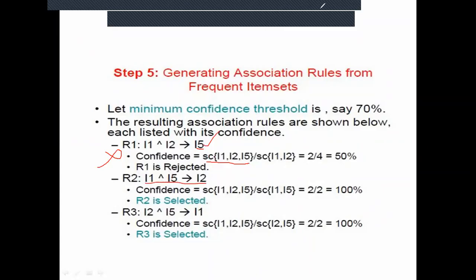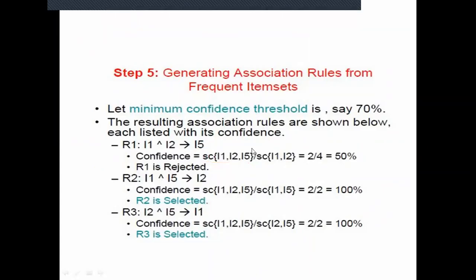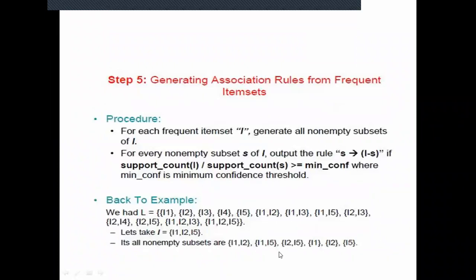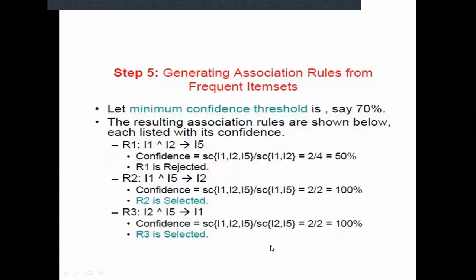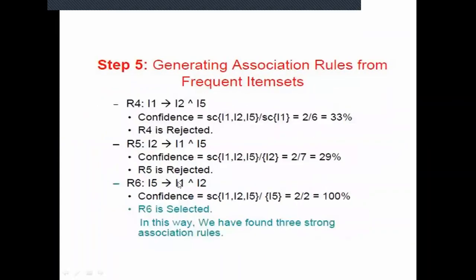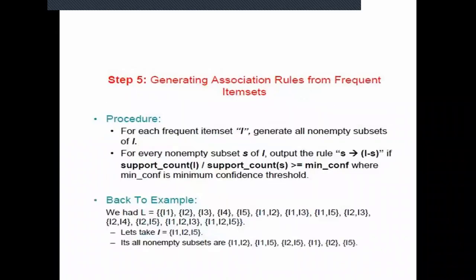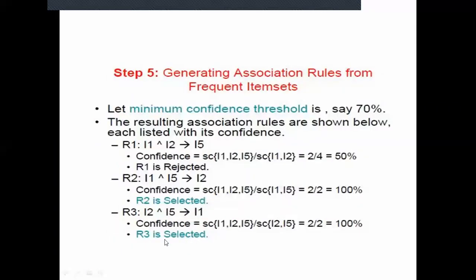Now take another rule. What is the other rule? You will find it by taking the other value, this one. You take this as S. Now when this is S, that means I1 and I5 to I minus S, this minus S. So what is remaining? I1, I5 will get cut, I2 is there. That means one rule can be this, that I1 and I5 to I2.